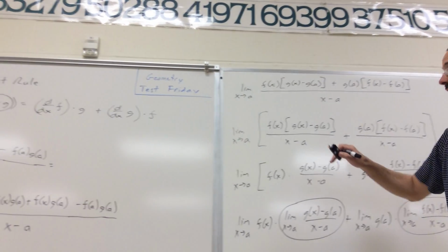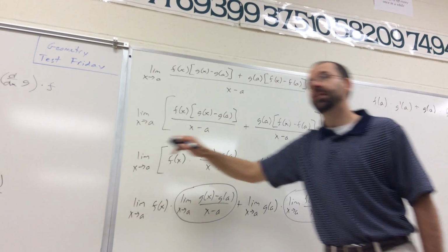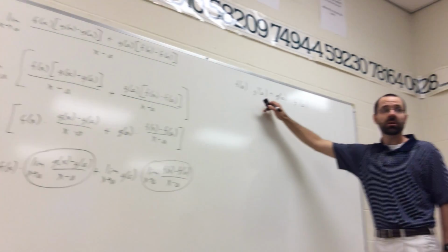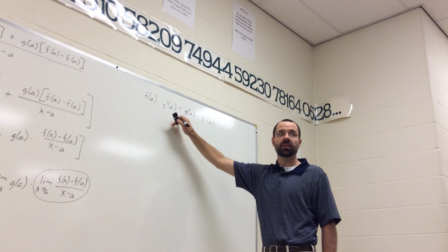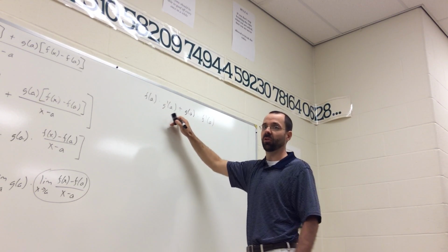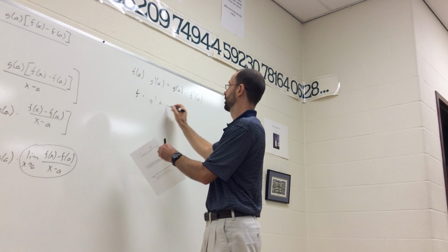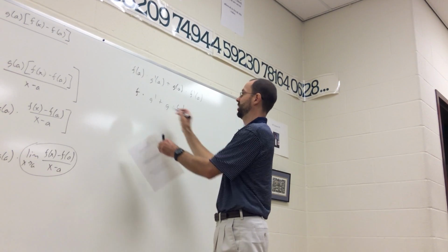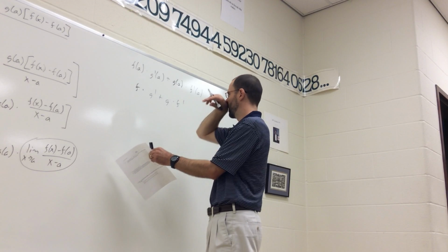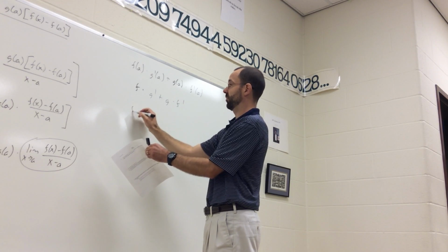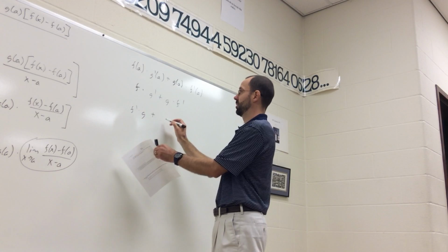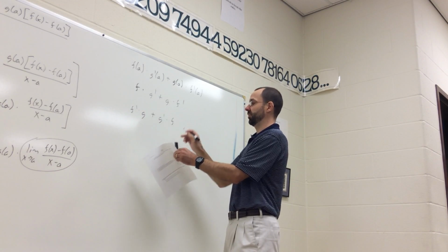Okay, so I just showed that the derivative at a is this, but it's true for any number. So that means the derivative overall is this. And then, like I said, I could switch that around. The derivative of the first thing times the regular second thing, plus the derivative of the second thing times the regular first thing.